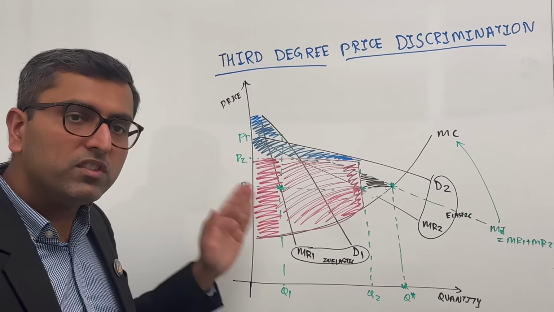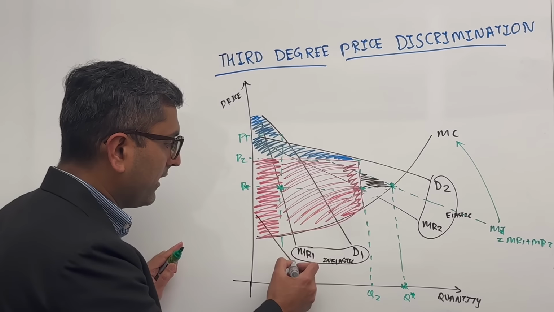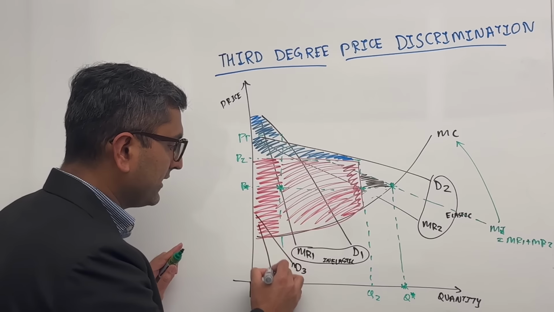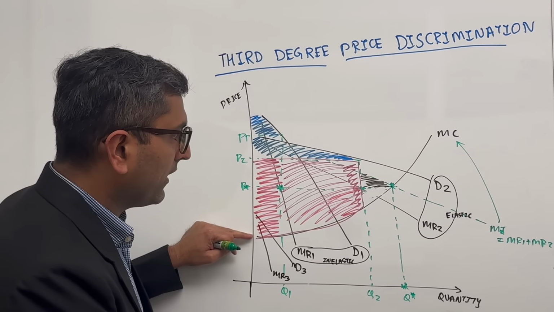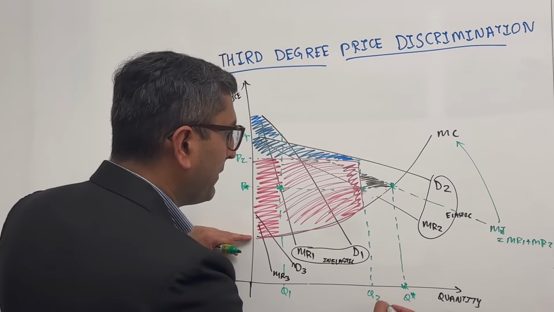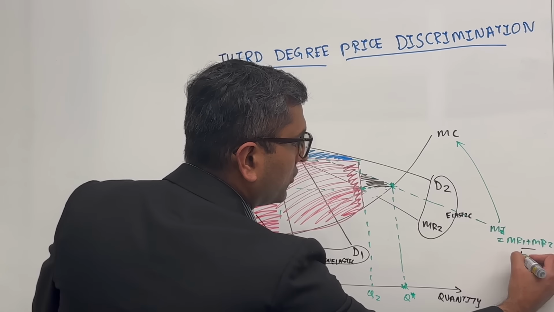But there may be even smaller markets with demand curves like, let's say here, D3, and it has its own marginal revenue curve. So these are smaller markets here as well. In this case, your MRT would be MR1 plus MR2 plus MR3.